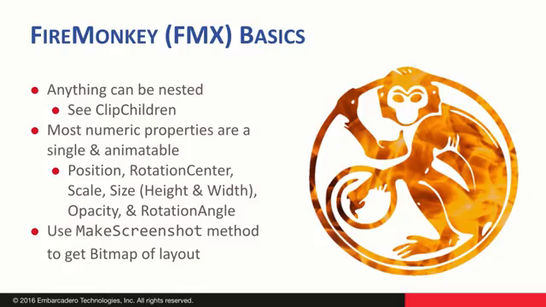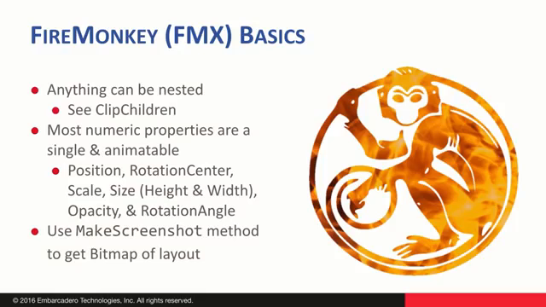If you have clip children off, then you can put a label on an edit box and move it to the left. And then anytime you move the edit box, that label stays relative to it. So that's really useful. But if you turn clip children on, then you can put something inside of it that's larger than the client area, and it just clips the edges off so it doesn't actually go outside of it. So very, very flexible in the way you do that.